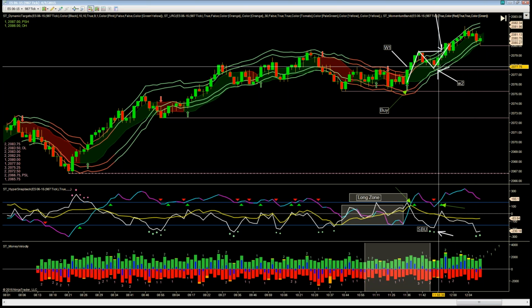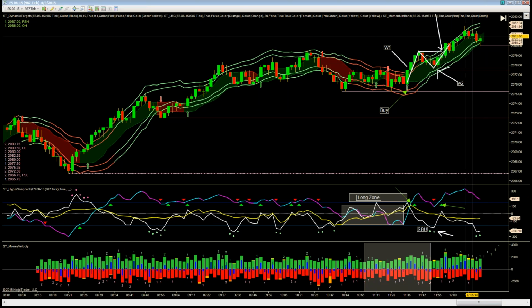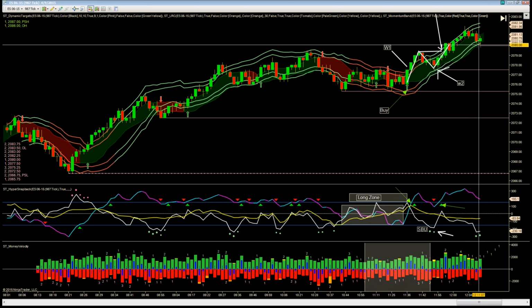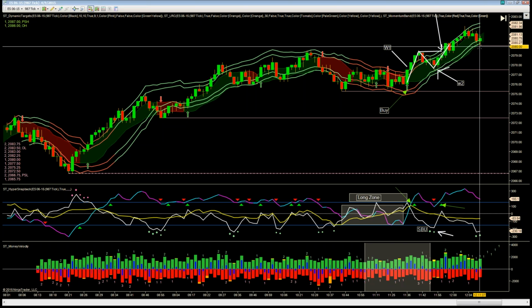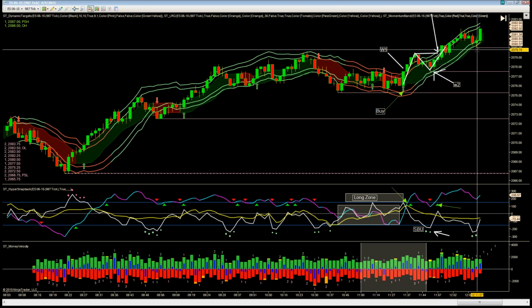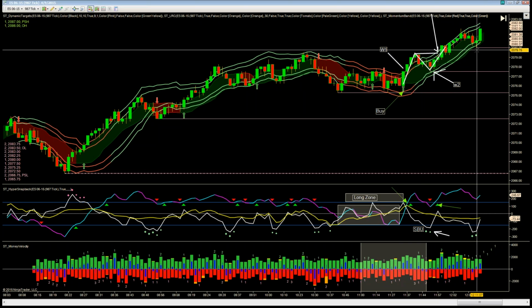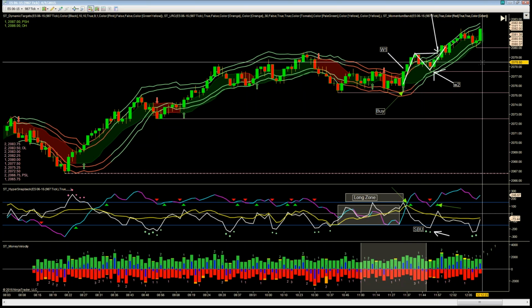It does here for 11:55 till 12:03, but then it tests the bottom of the trend study, the bottom of the band, and it also tests the bottom of the LRC, and price is distributed right back up. So you could add on here again, or if you missed it, you can get back in. If you miss this whole entire move, you can get in right here. I'll mark that off for you.